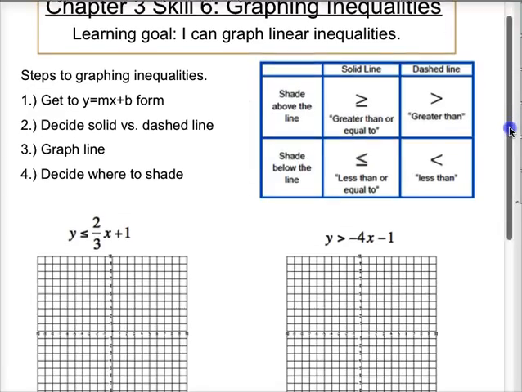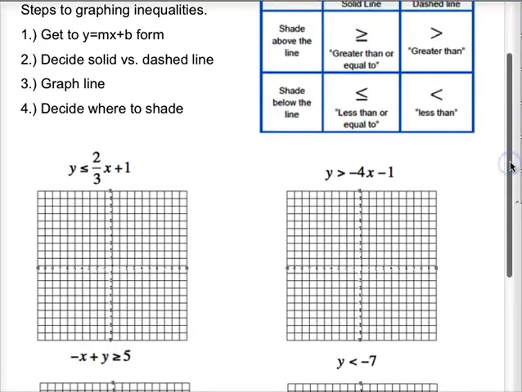All right, so let's just dive right in. The first thing I'm going to do is plot some points. Just like before, I'm going to start with my y-intercept up at 1, and then I have a slope of 2/3. So up 2 over 3, up 2 over 3.